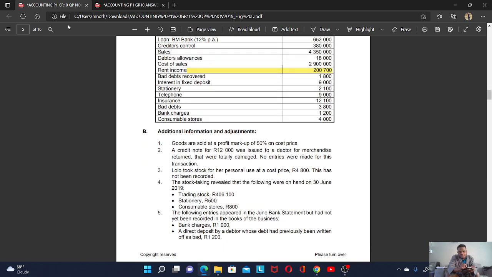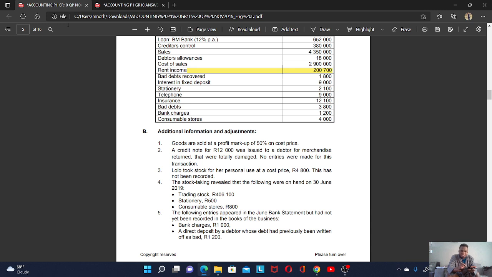Let's go to adjustments. Adjustment number one: goods are sold at a markup of 50% on cost. A credit note for 12,000 was issued to a debtor for merchandise returned. They were totally damaged. Obviously, your trading stock is not going to be affected, and also your cost of sales is not going to be affected, because this merchandise has already been damaged.